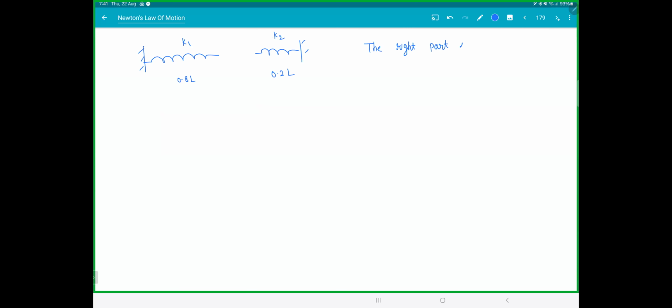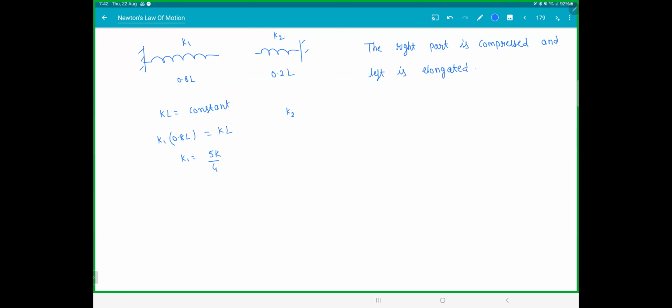The right part is compressed, and the left part is elongated. From that formula, we know K into L is constant. So for this spring, K1 into 0.8 L is equal to KL, so K1 would be 5K by 4.